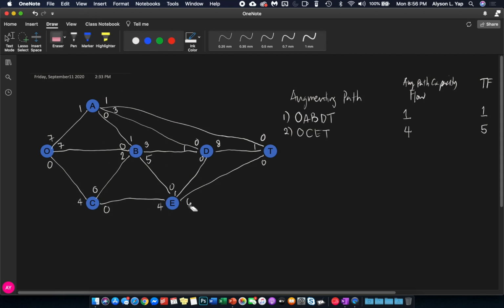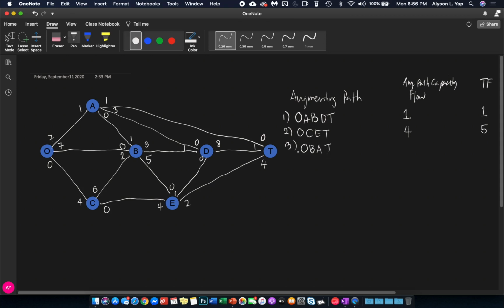And finally, the 6-0 will become a 2 and a 4. Okay, so let's just continue. Third, let us say the third augmenting path is O, B, A, T.